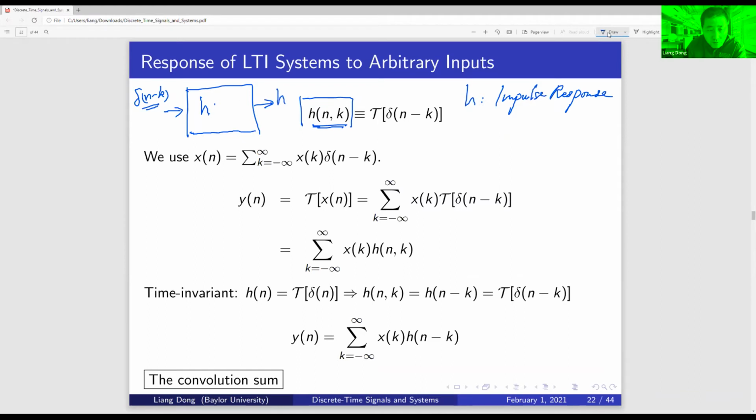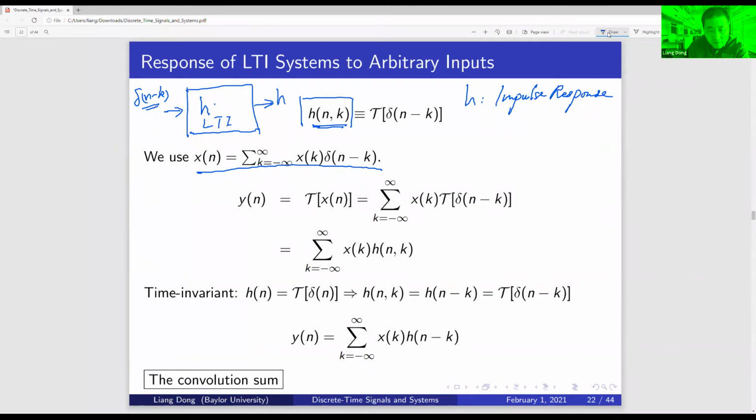How can we use this h to describe, actually, the entire system here? This is my linear time invariant system. We use this sum to represent any arbitrary input signal, x n. x n is we're counting one sample after another.